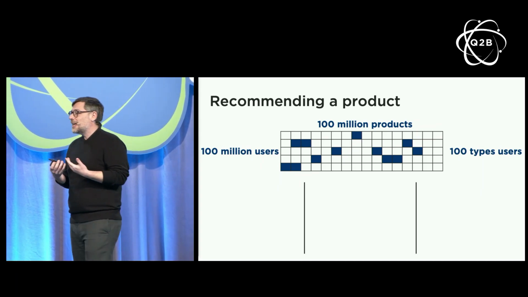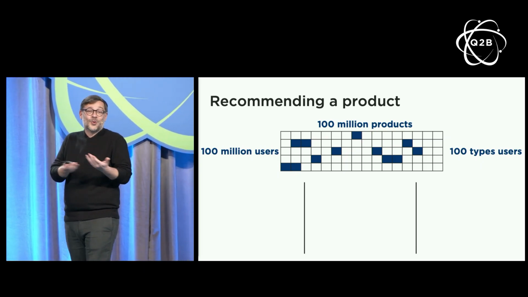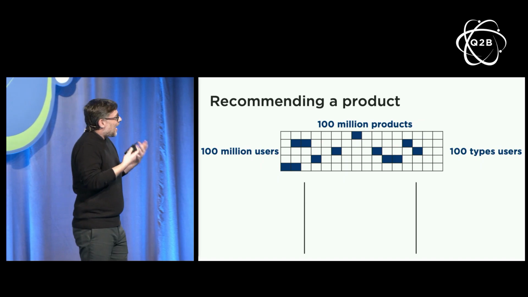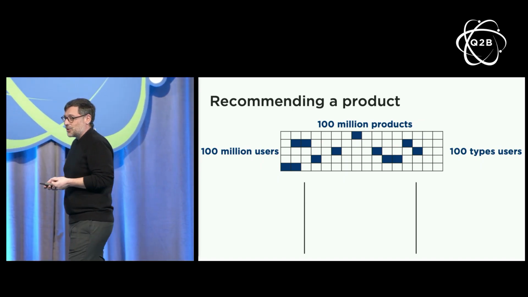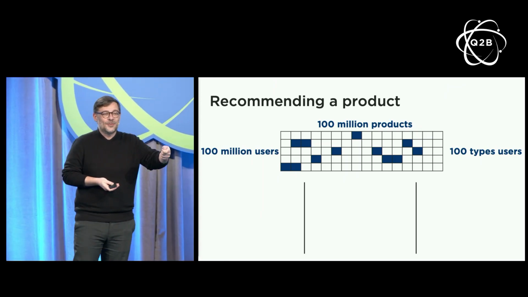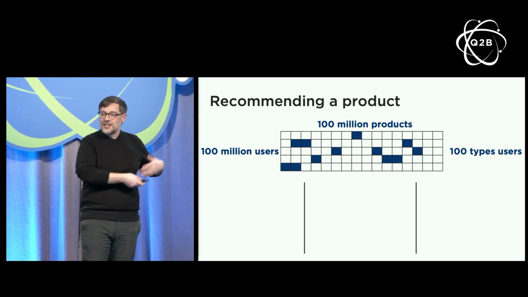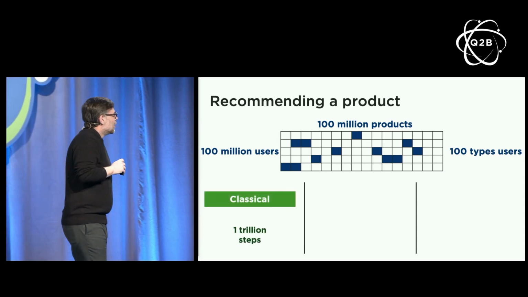Then what you would like is to find a product for which you don't have information if the user will like it or not, and recommend a product that with high probability the user will have a lot of utility for, right? So for example, this is what Netflix does. If you watch this movie and that movie, then you should possibly like the third movie, and this is what the recommendation will do, okay?